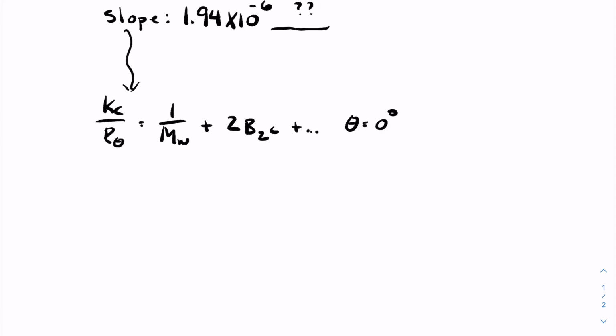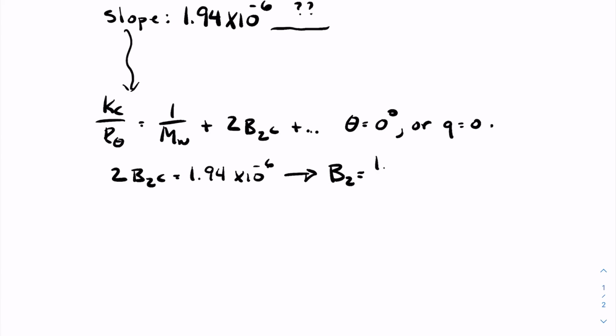So 2 times the second virial coefficient then should be equal to 1.94 times 10 to the minus 6th, which means that the second virial coefficient is just that divided by 2. So B2 is equal to 1.94 times 10 to the minus 6th divided by 2. So 9.7, I guess, times 10 to the minus 7 is the answer.